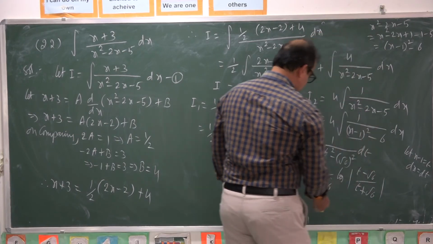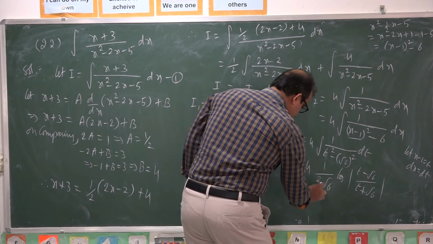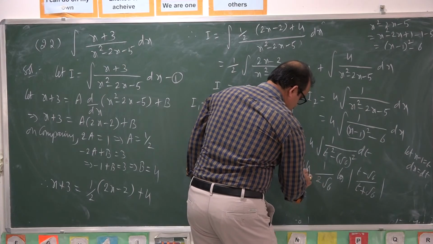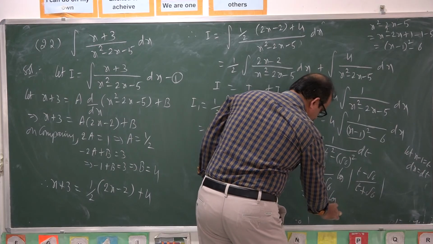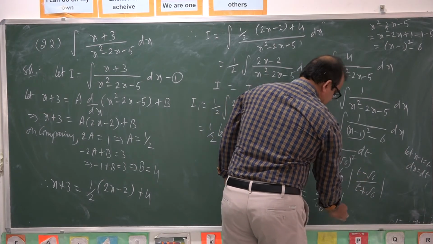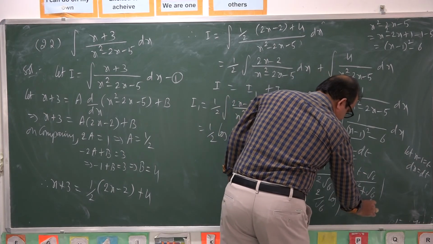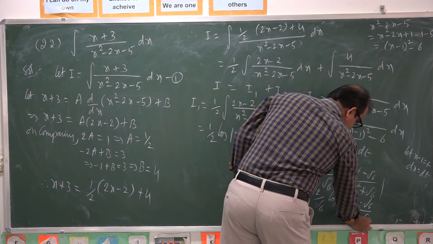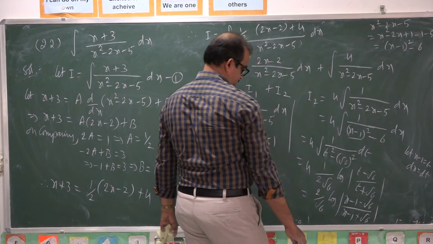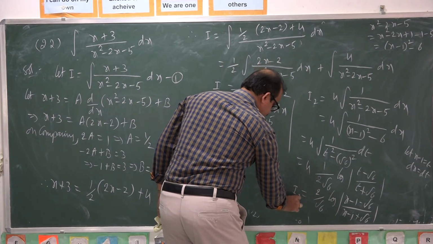You substitute t value. Here 2 cancels 2 times, 2 by root 6 into log of mod, what is t? (x − 1 − root 6) by (x − 1 + root 6). This is I2 value.